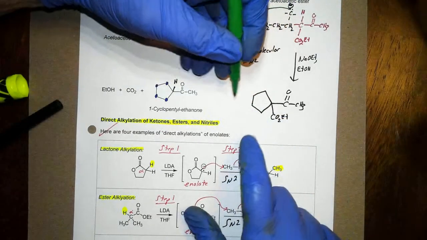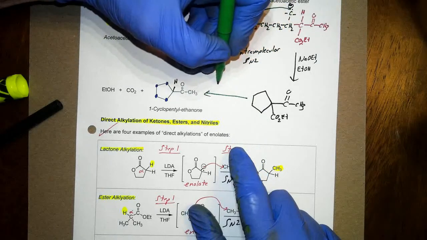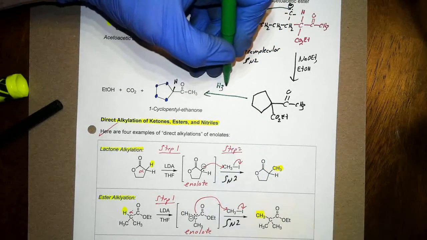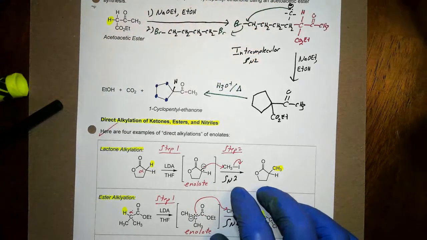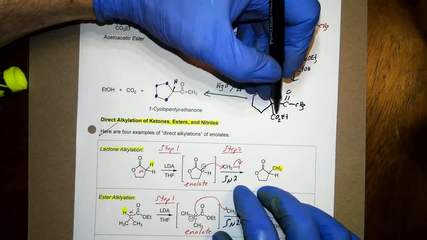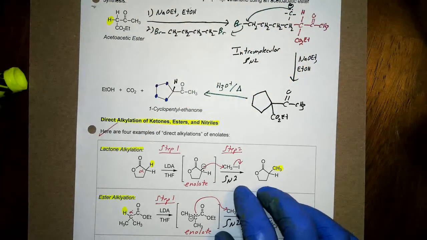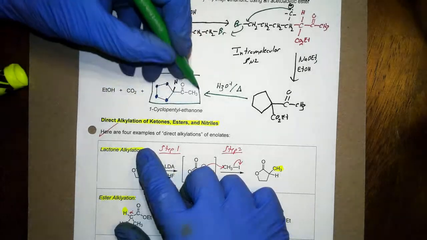We have a 1, 2, 3, 4 part skeleton here. And what do you always do at the end? You have to add your acid, and you have to heat it. And what will that do? It'll hydrolyze this ester. It'll also decarboxylate spontaneously, and ultimately you have this compound.